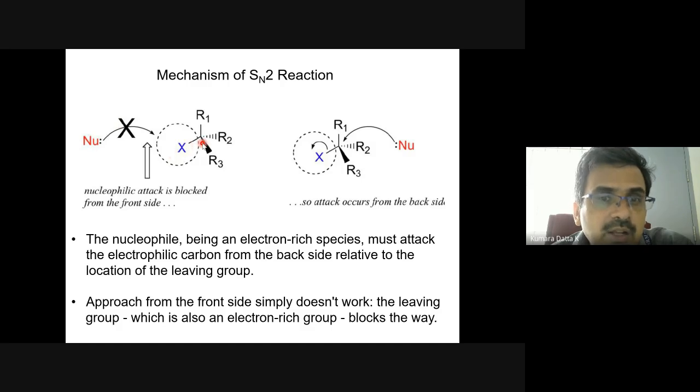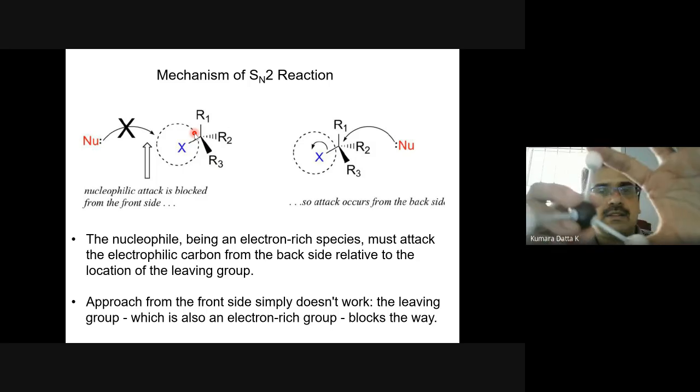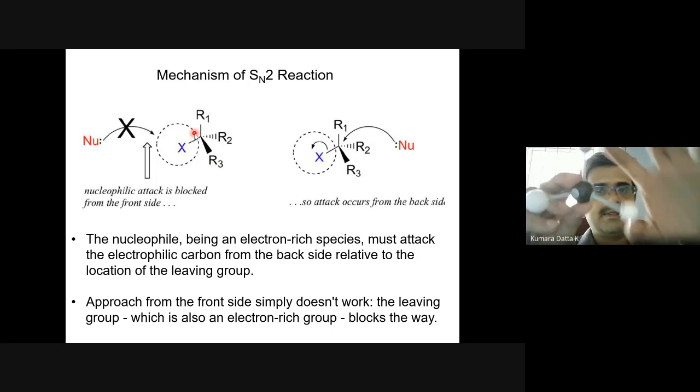Okay, now you all know that dashed lines are away from you, and R1, R2 are in one plane. If you look again, R3 is facing towards you. R1, X are in one plane.